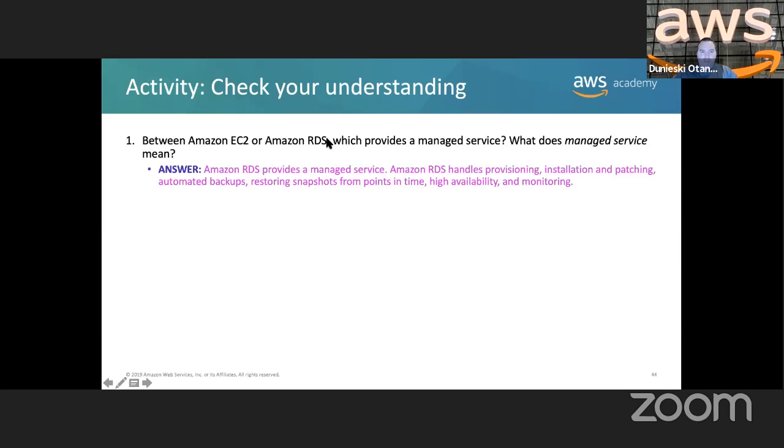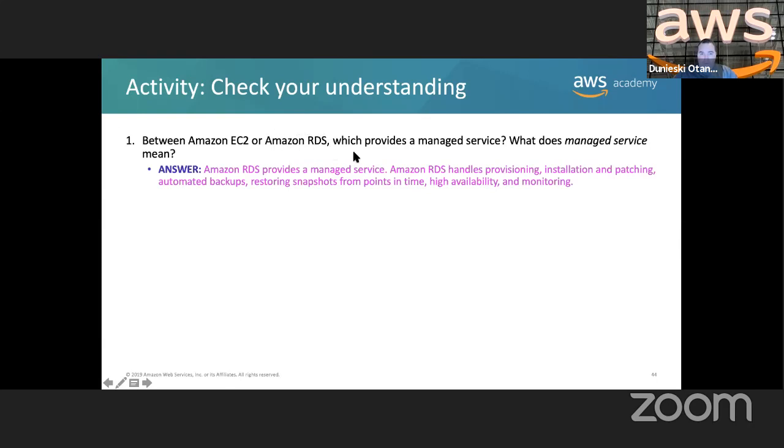That's why it's not fully managed. It's managed, but not fully managed. With DynamoDB, you just create the table and you select the writes per second and reads per second. That's it, nothing else. The rest is taken care of by AWS. That's why it's fully managed.